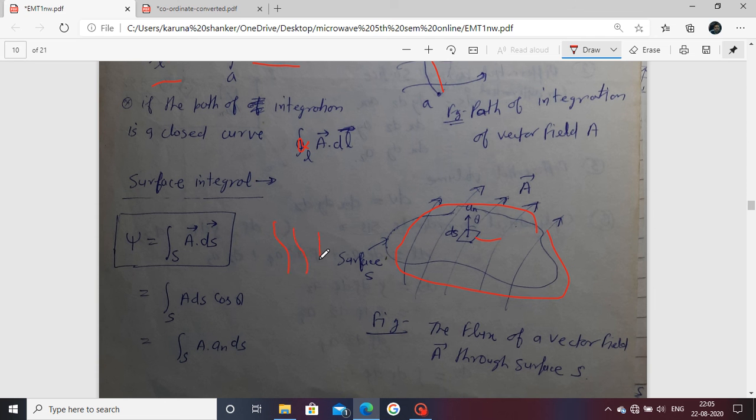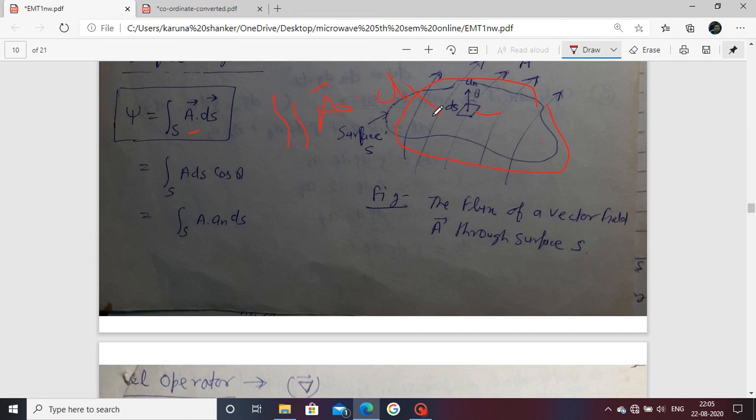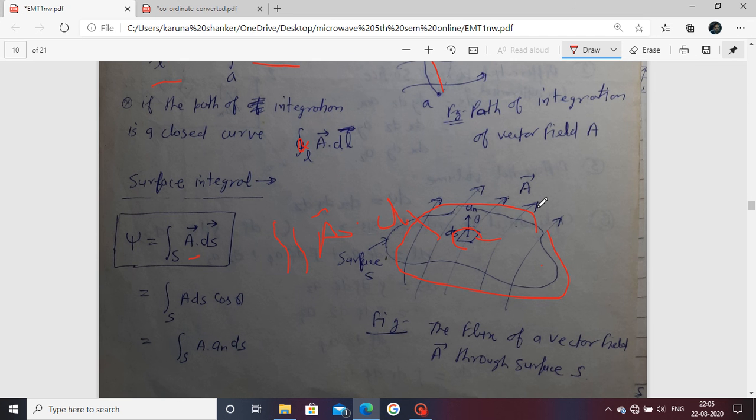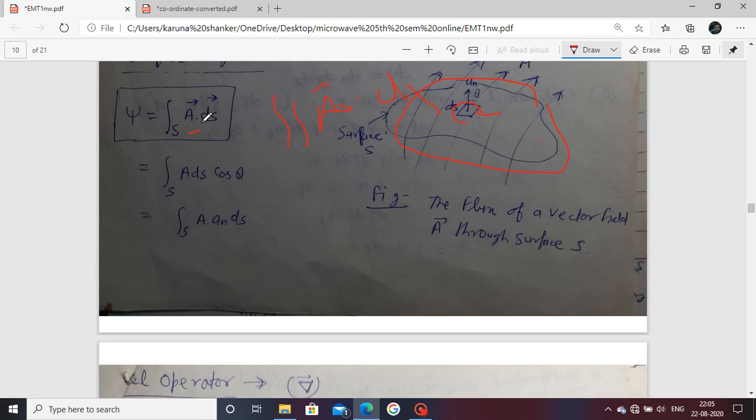If you use a double integral, A dot ds is similar to putting only one integral with suffix s, meaning the surface area is integrated, this differential surface area integrated over the vector A. Note that if you open the dot product, then A ds cos theta comes.